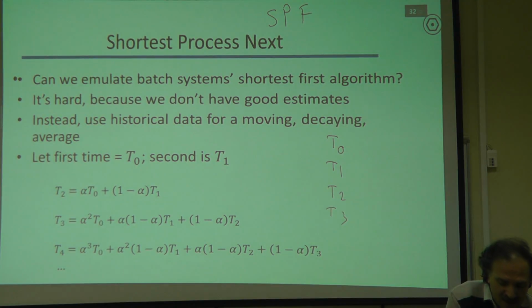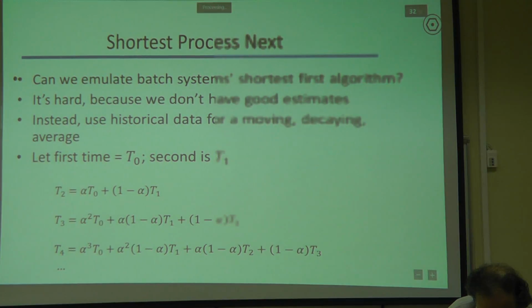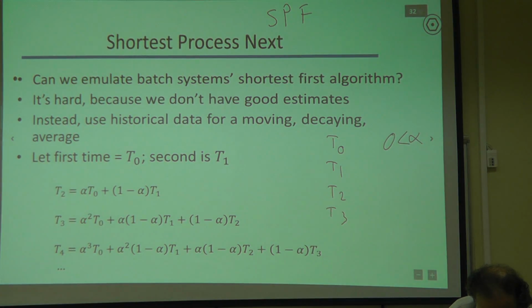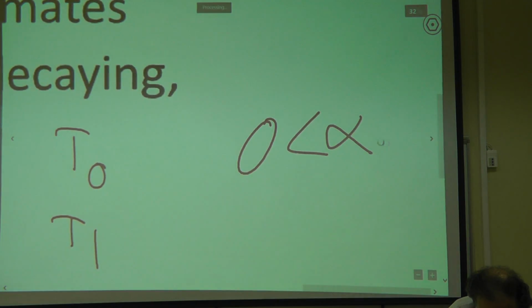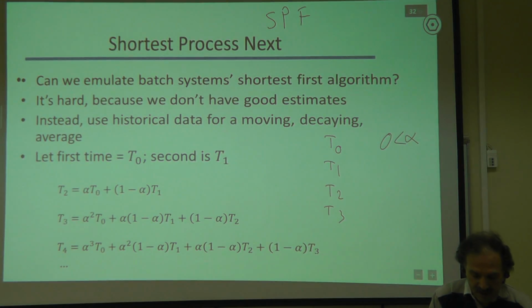So they said that we can use this formula. Alpha is a number between 0 and 1.